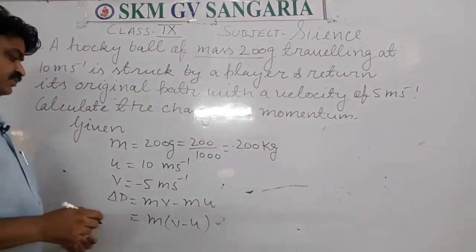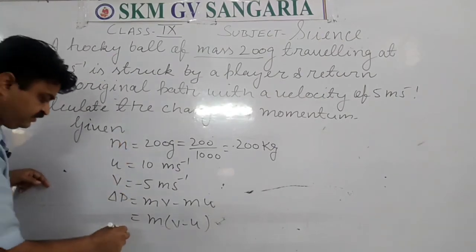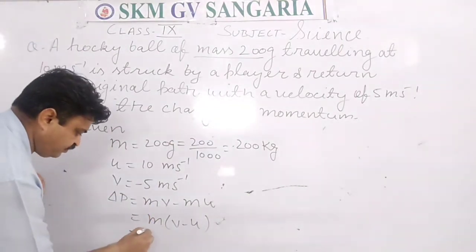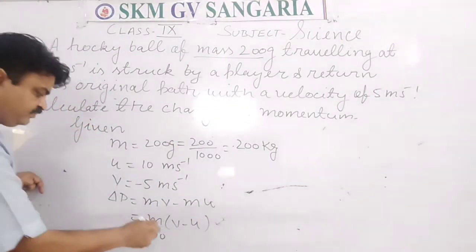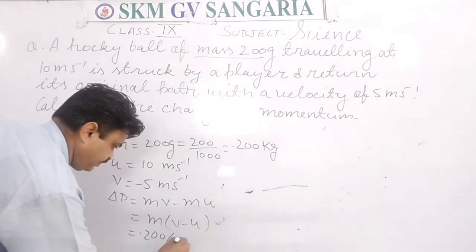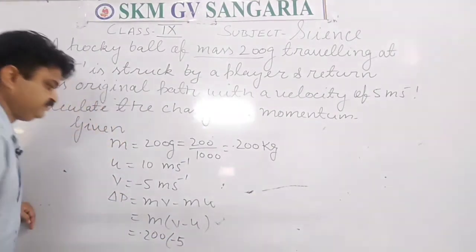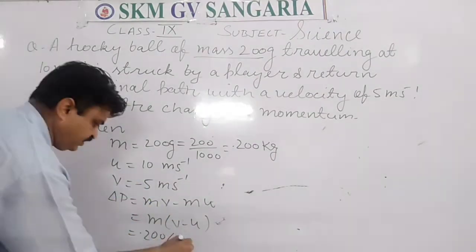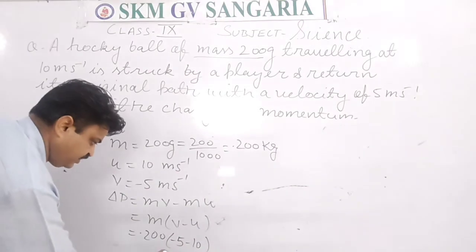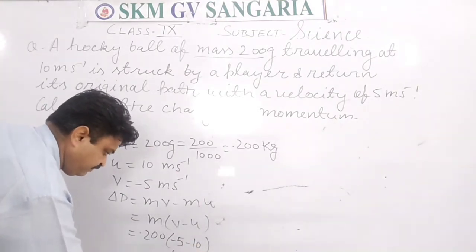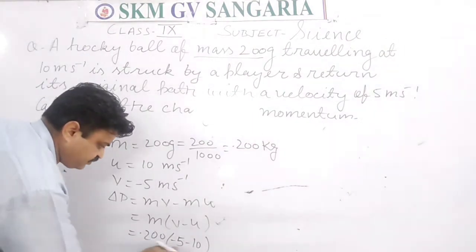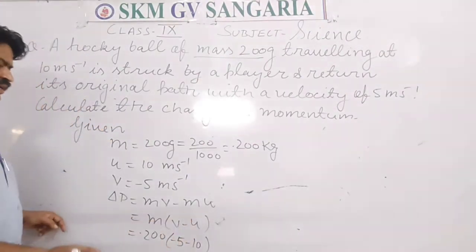Now when we put these quantities here, m is here 0.200, v is in negative, it is minus 5. u is also given here, it is 10. So this becomes, student, 15. It becomes 15, student, for minus 5 and minus 10.